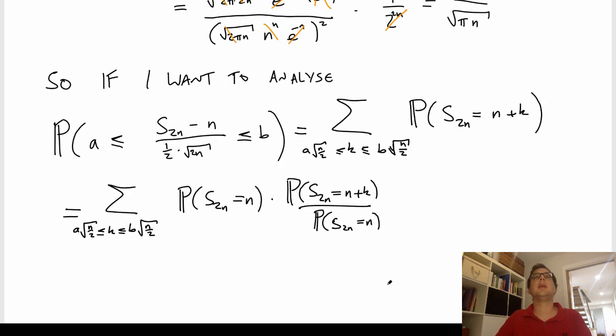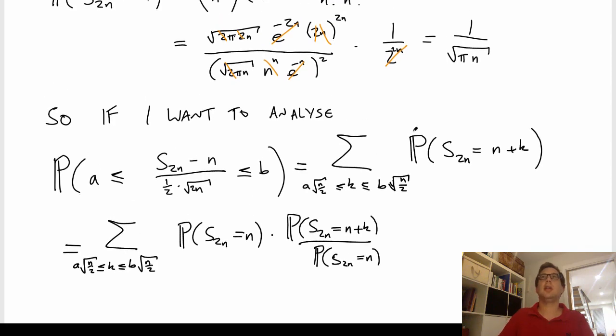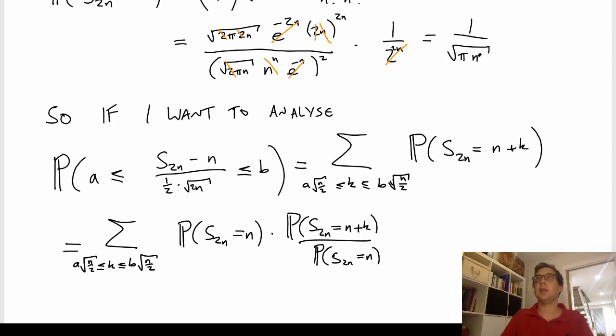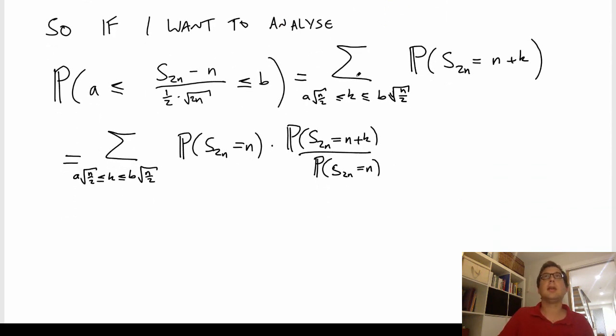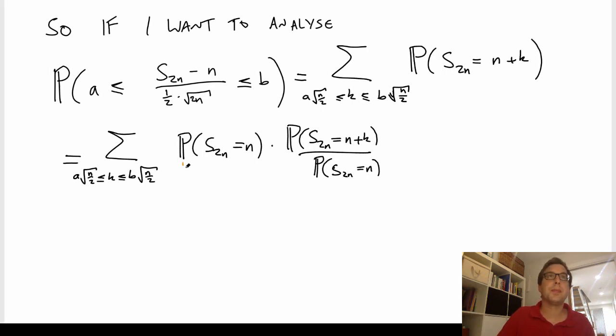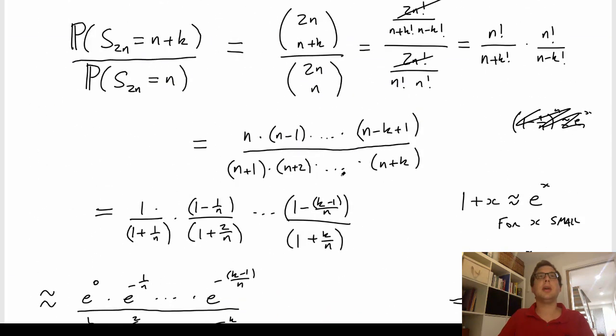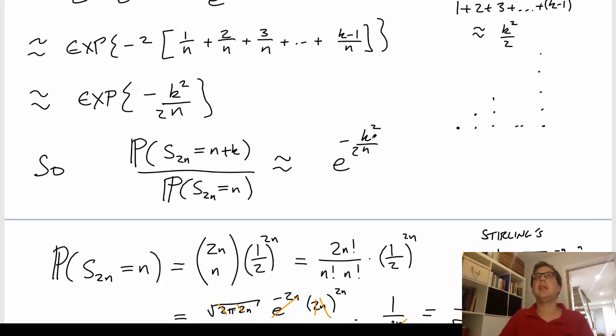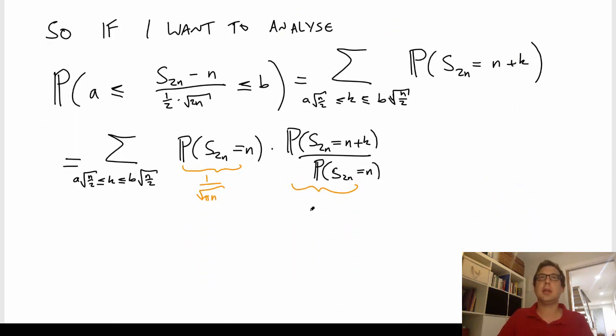And I know this guy is 1 over square root of pi times square root of n. And I know this guy from up here is about e to the minus k squared divided by 2n.